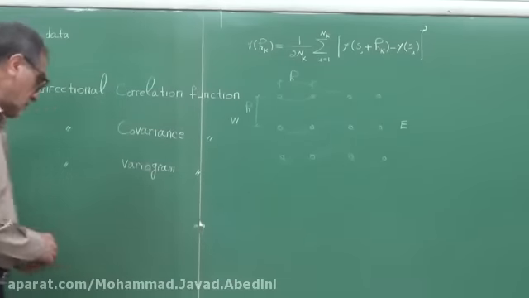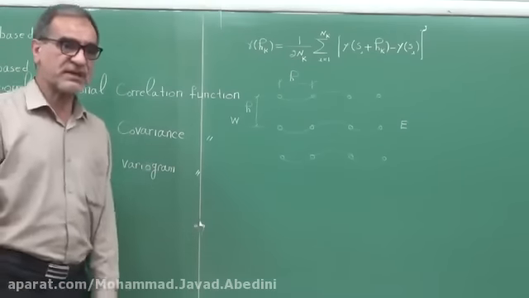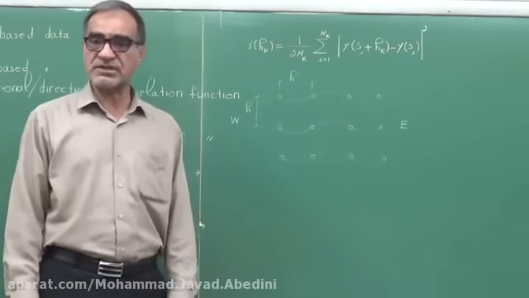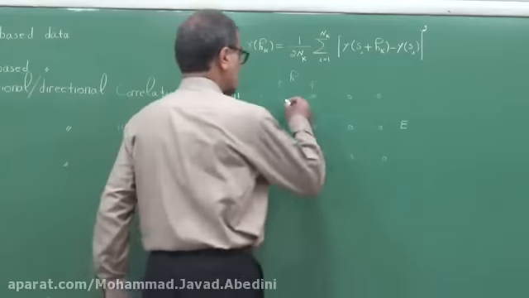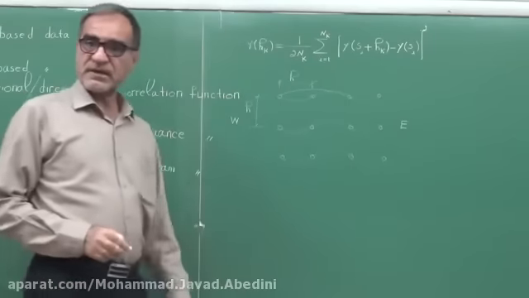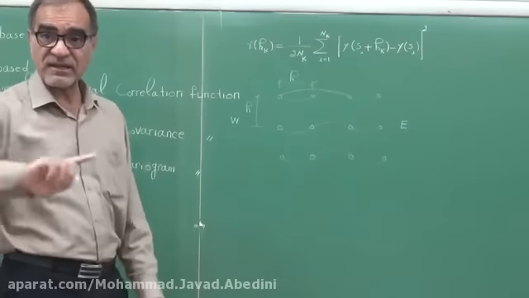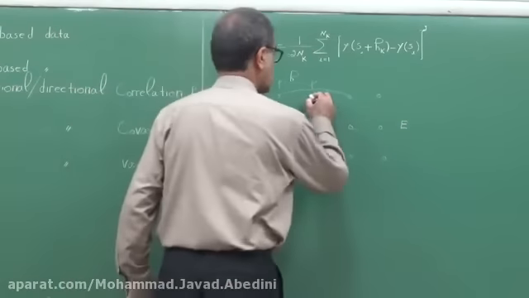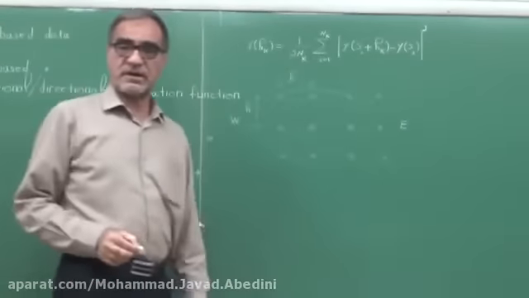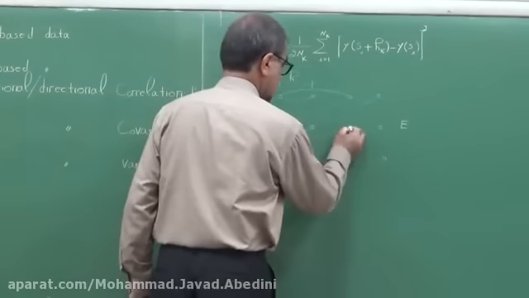Now, if I use a different color and try to delineate pairs whose separation distance is 2h, that's going to be the first pair whose separation distance is 2h and it is aligned in east-west direction, and this is going to be the second pair.